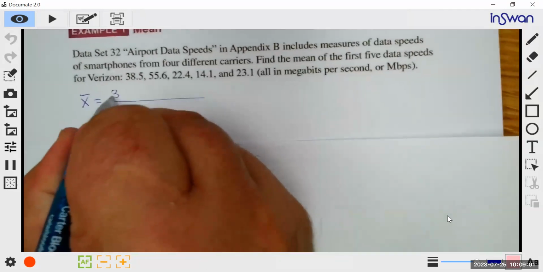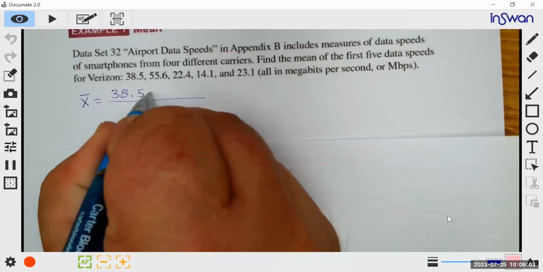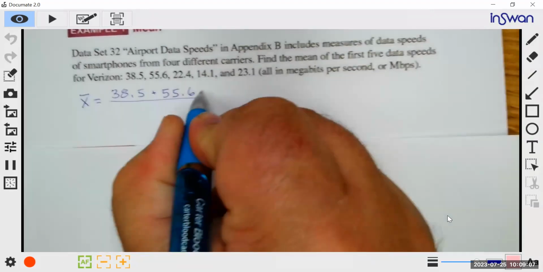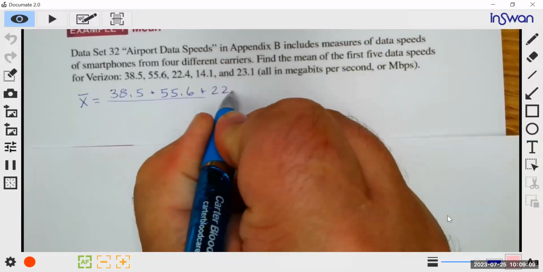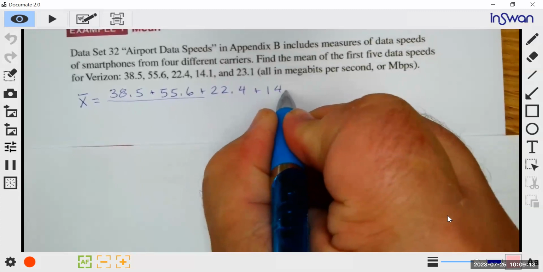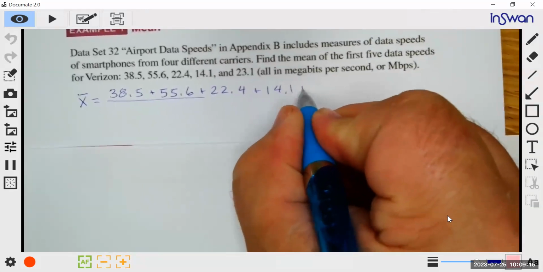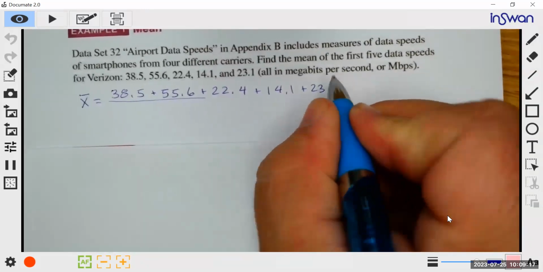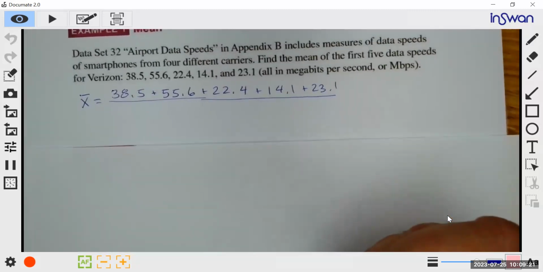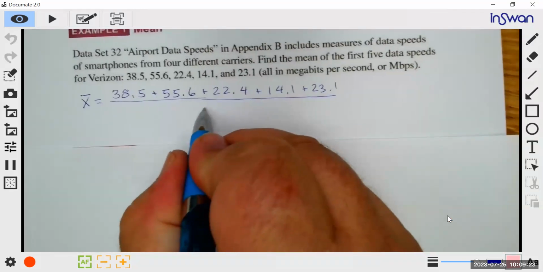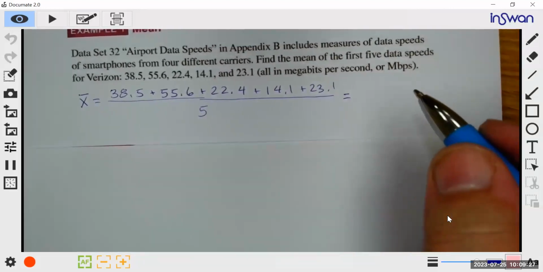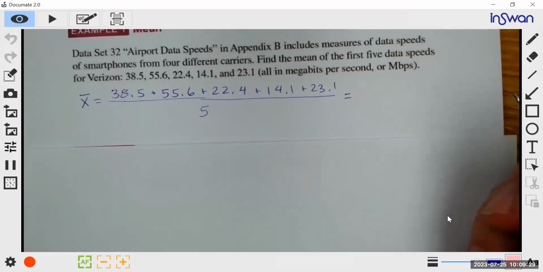We get 38.5 plus 55.6 plus 22.4, 14.1 plus 23.1. Add them all together and then what? Divide by how many do we have? So what does that equal?